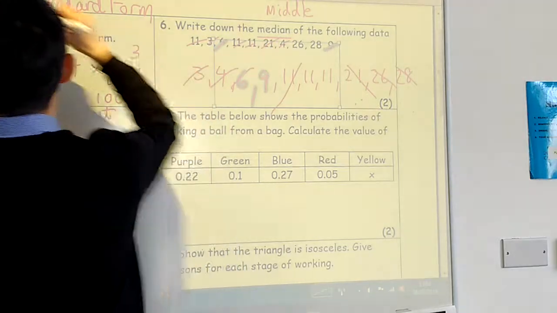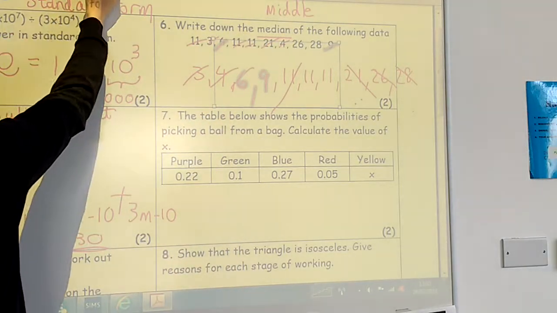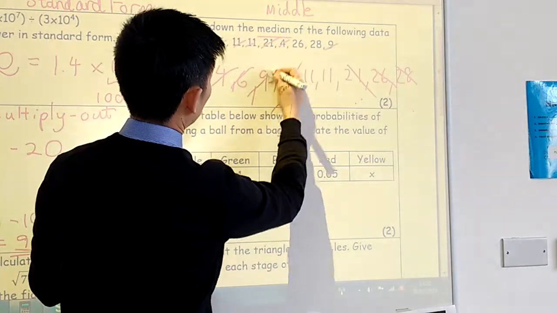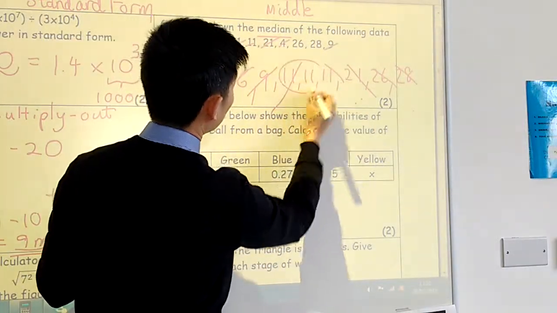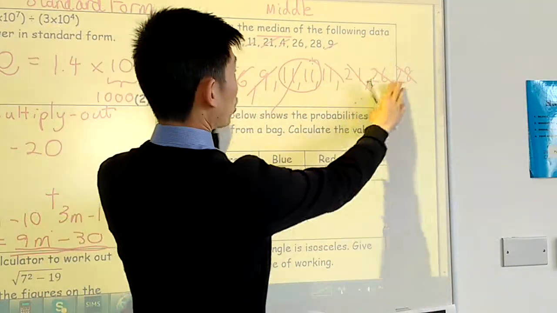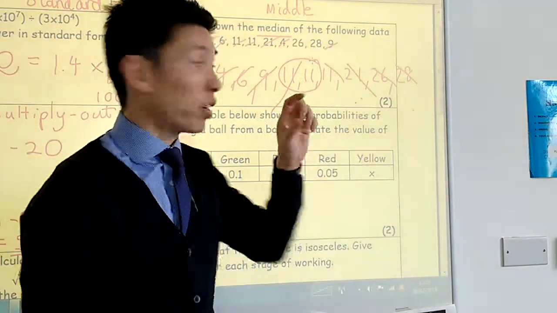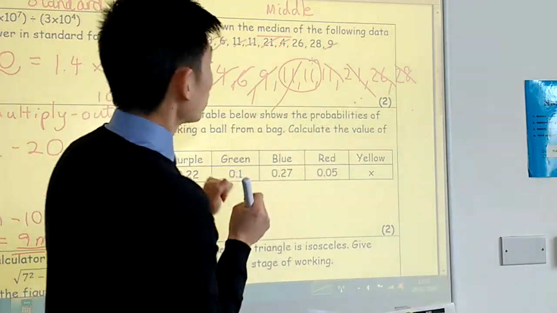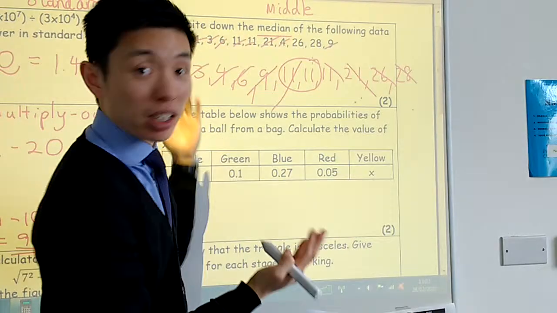So these are the 2 numbers in the middle, because if you have even number data, there's always going to be 2 numbers in the middle. If you have an odd number data, like 9 data, there will be only 1 number in the middle. So what's the middle of 11 and 11?